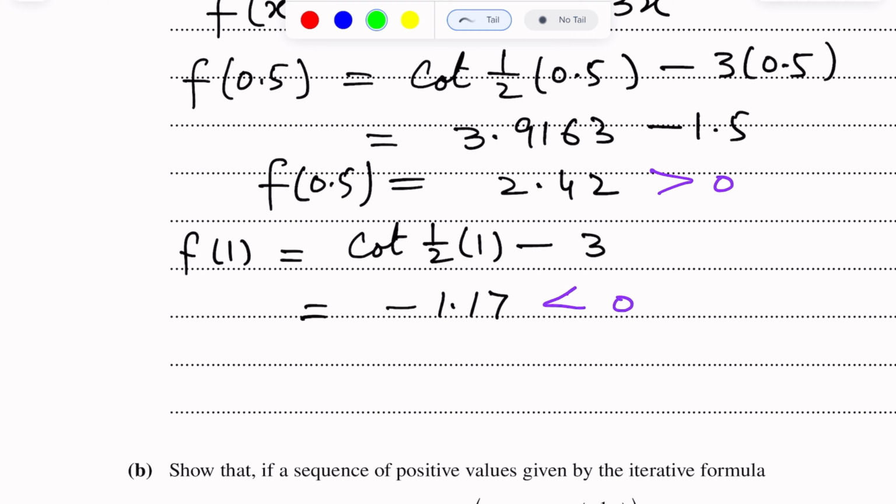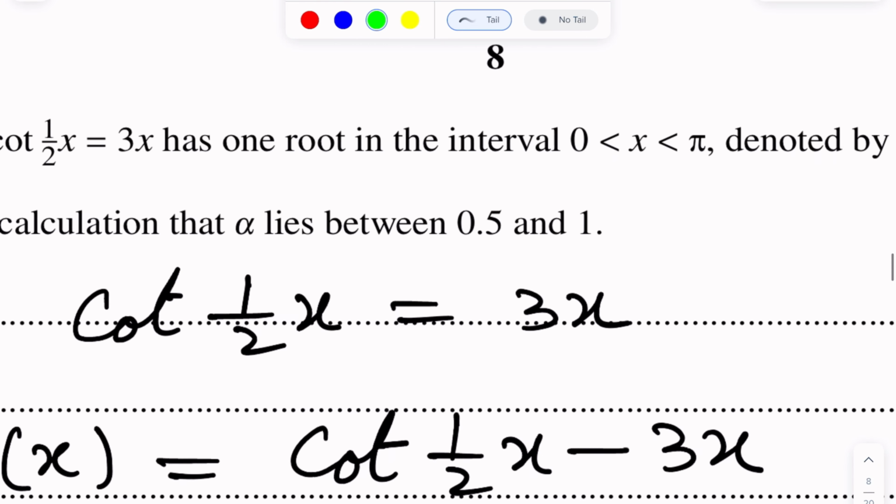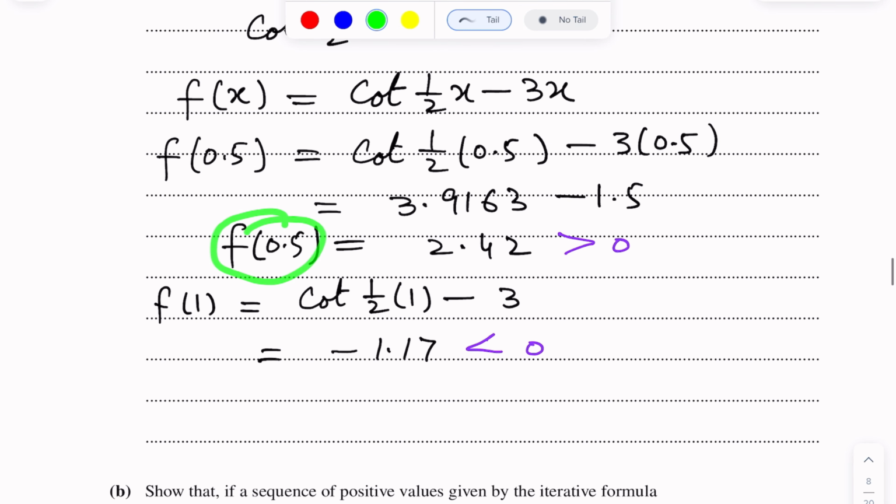So the given values satisfy the sign change rule, because f(0.5) is positive and f(1) is negative.